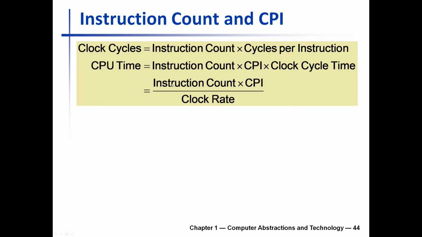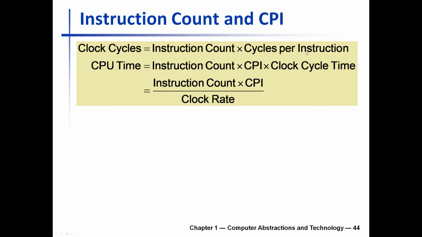Then, when it comes to CPU time, how is CPI related? CPI is related to the number of clock cycles. CPI times the number of instructions in your program is the total number of clock cycles that program needs.